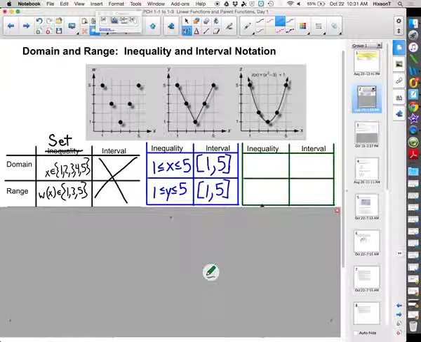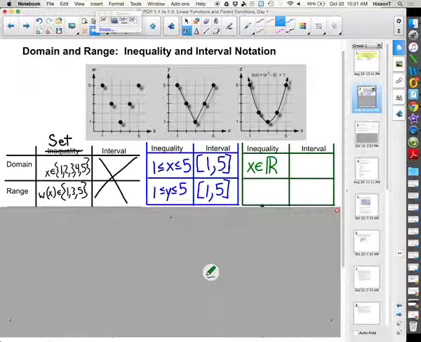You can have x between negative infinity and positive infinity, but we don't like to write any more than we absolutely have to. So we would just say x is an element of the real numbers. That just means x can be any real number.